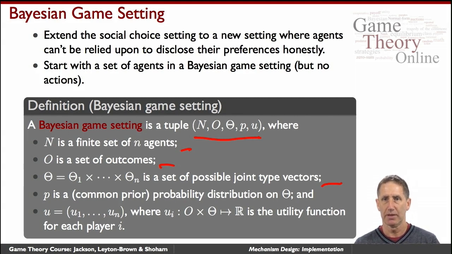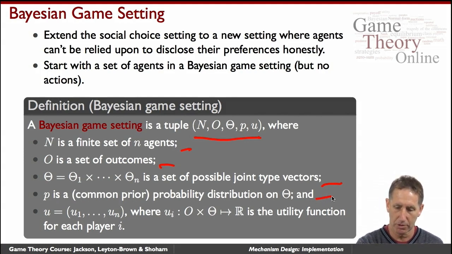So intuitively, think about it as, in a voting situation, what is my preference ordering among the candidates? What do I know about the preference ordering of other agents? What do I know about what they know about my preference ordering? And all of that private information is my type. We have, as we usually do, a common prior probability distribution over those types that's commonly known by the agents.